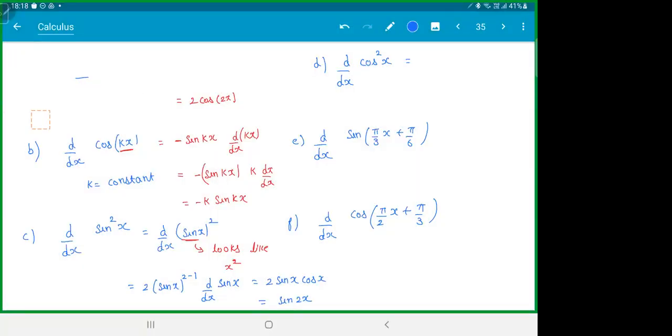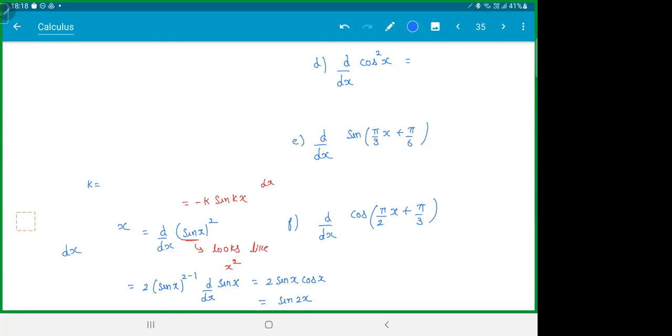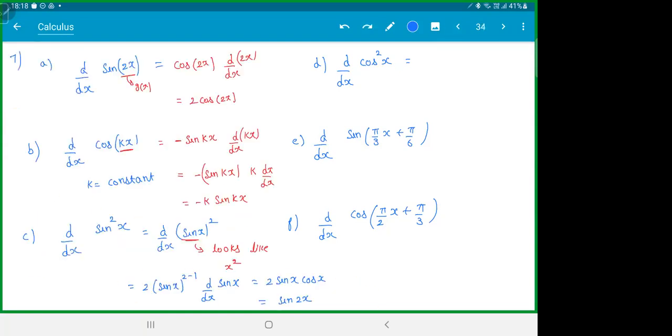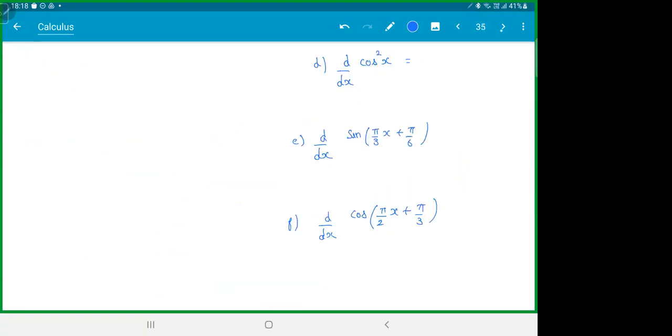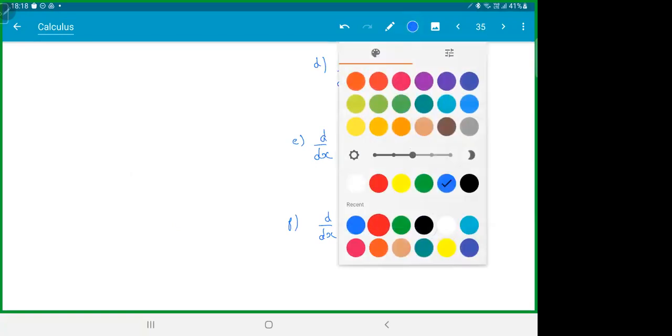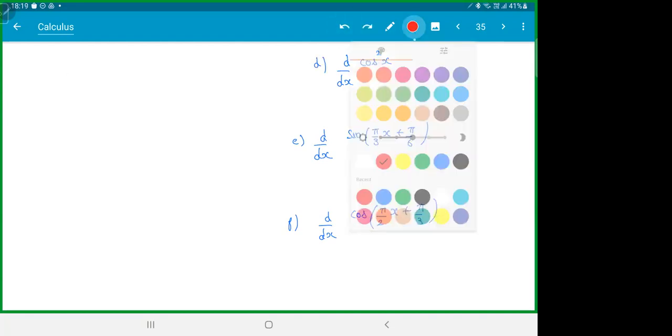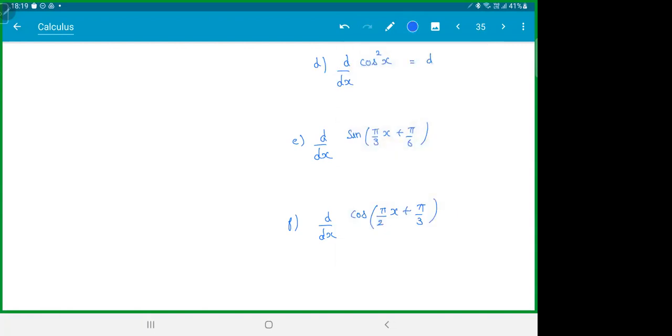What about the other three? So cos square x, this is dy dx of cos x whole square.